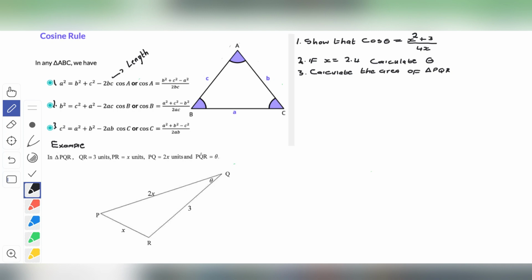Maybe you'll be given B and C and the cosine of angle A, and then you're instructed to calculate A, or you'll be given A and B or A and C and you have to calculate the other side, but then you have an angle, right?